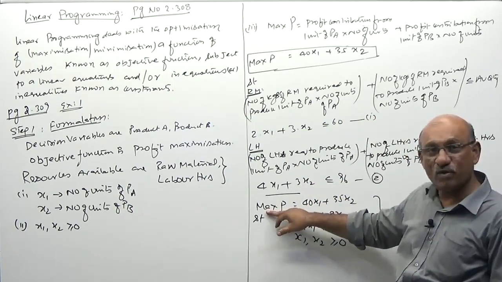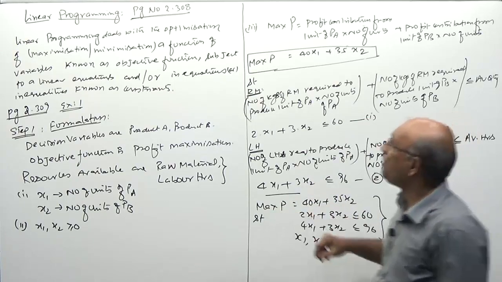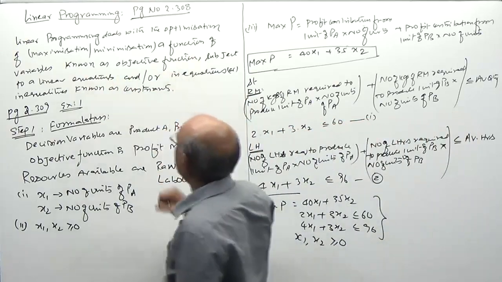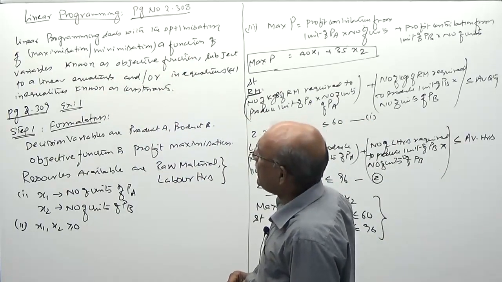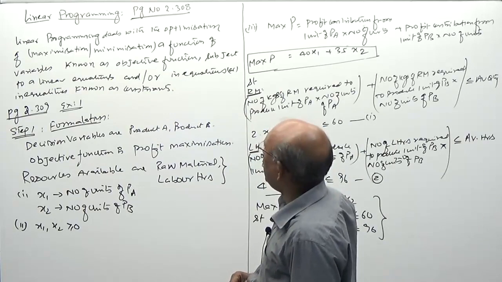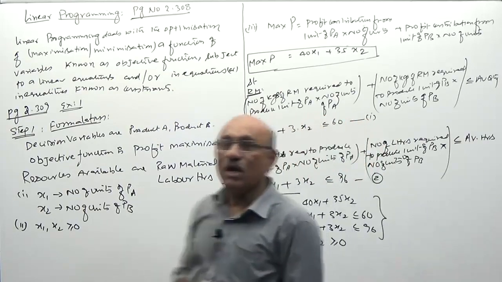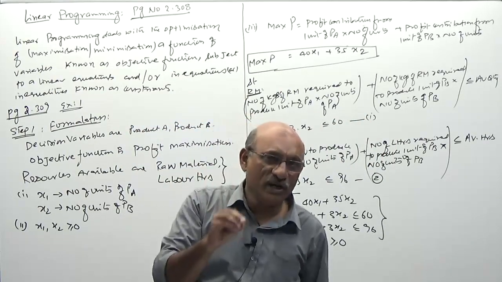So, the objective of this particular problem is to maximize the profit, of function of variables known as objective function, subject to linear equations or inequalities known as constraints. What is meant by constraint? Restrictions. We are imposing restrictions.